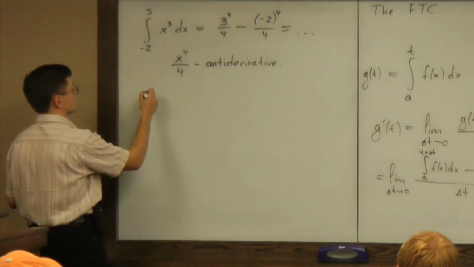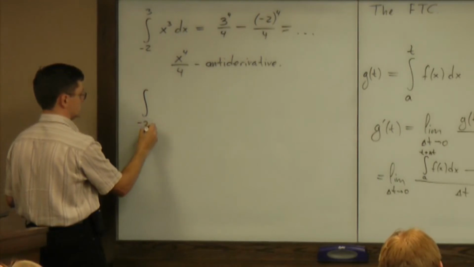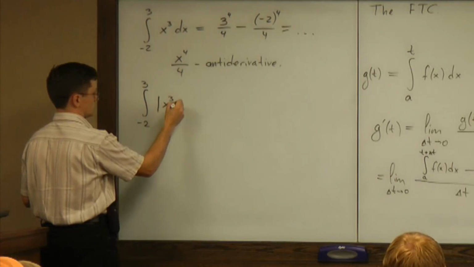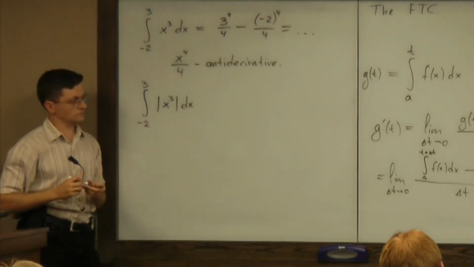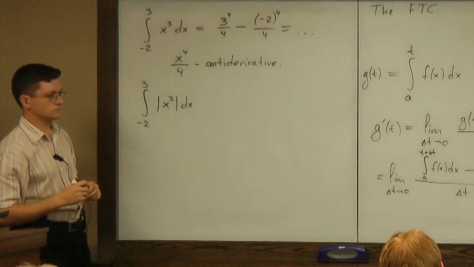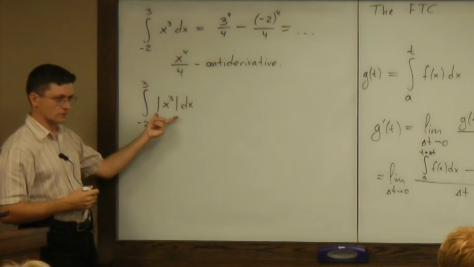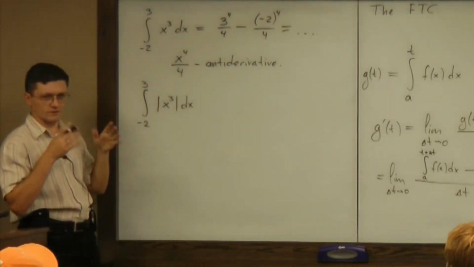Now, a more interesting example is an integral from -2 to 3 of the function absolute value of x cubed. Now the problem here is that you probably don't know what the antiderivative is of this strange function with absolute value.